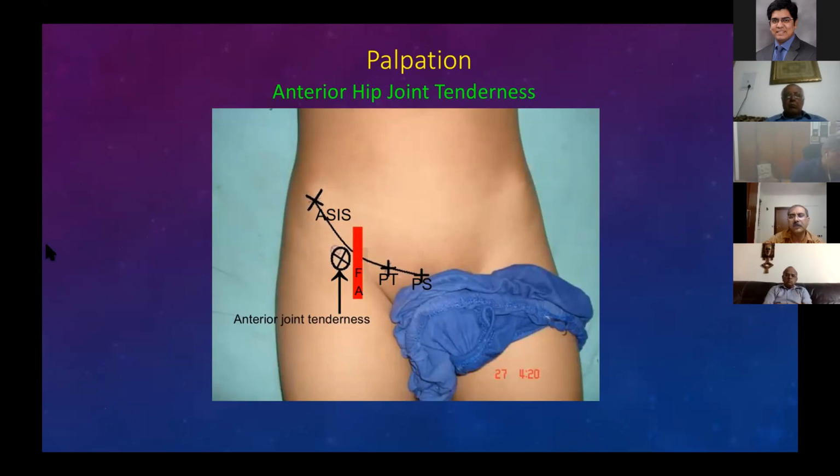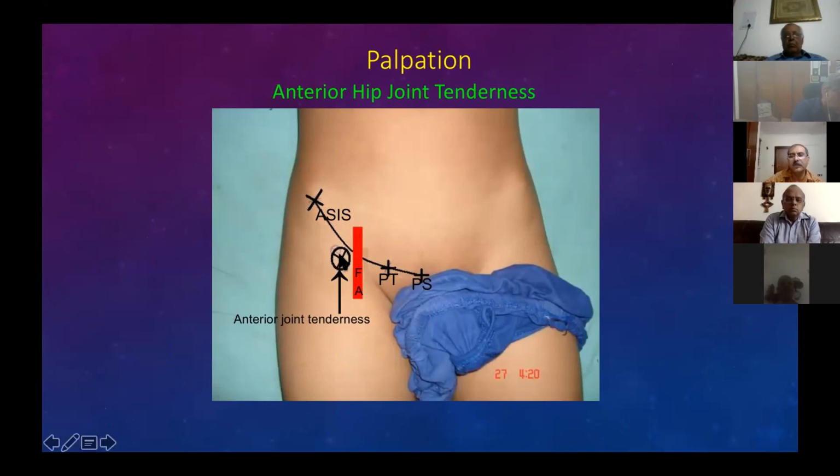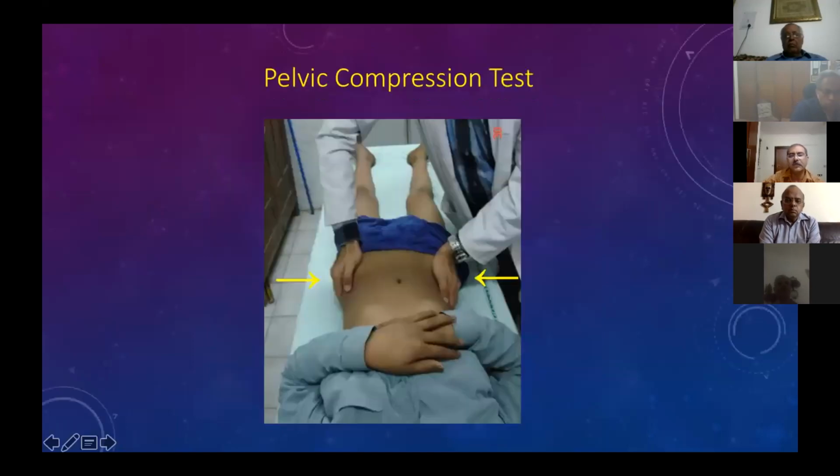The hip joint tenderness anteriorly is felt or palpated just 1 centimeter below and lateral to the position of the femoral artery. Another type of tenderness noticed in patients of hip joint disease is the bilateral pelvic compression test. Whenever there is a disease affecting the central portion of the hip joint, the pelvic compression test will be positive.